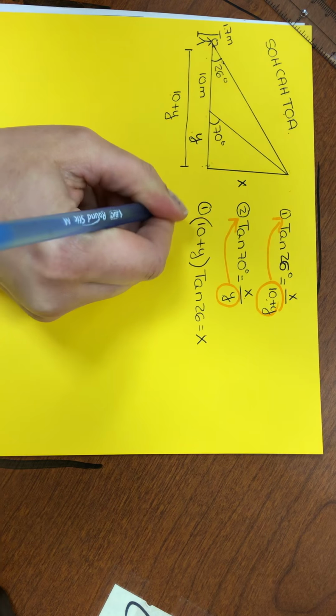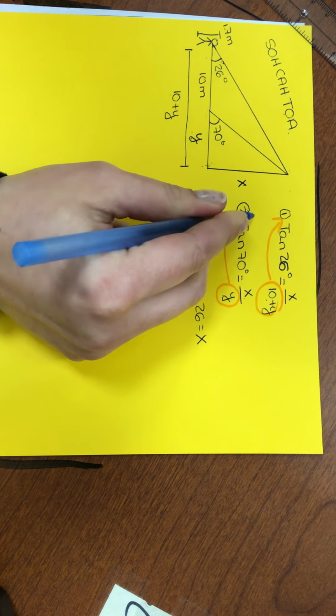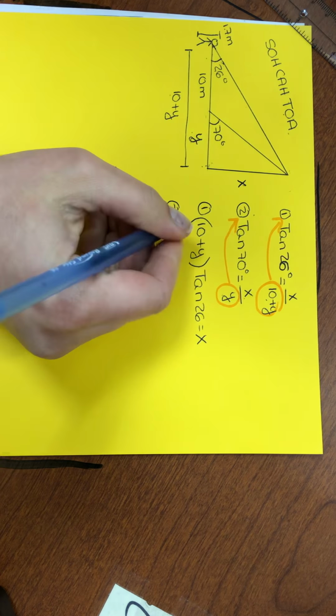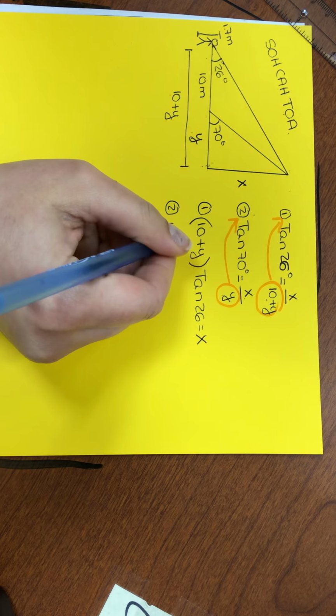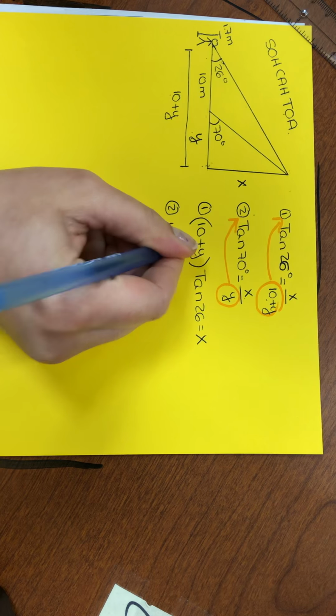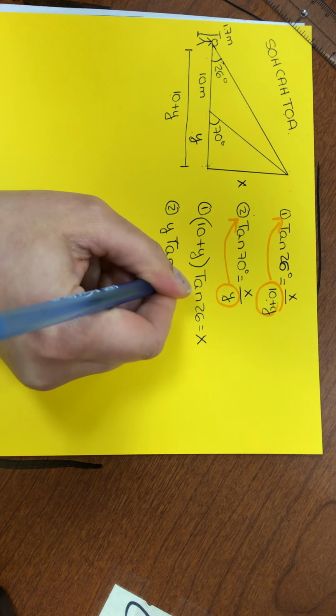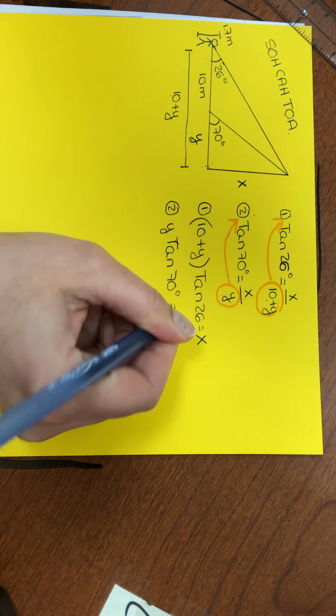And then for the second equation, y is going to go multiplying in front of tangent of 70, so we'll have y times tangent of 70. That will also be equal to x.